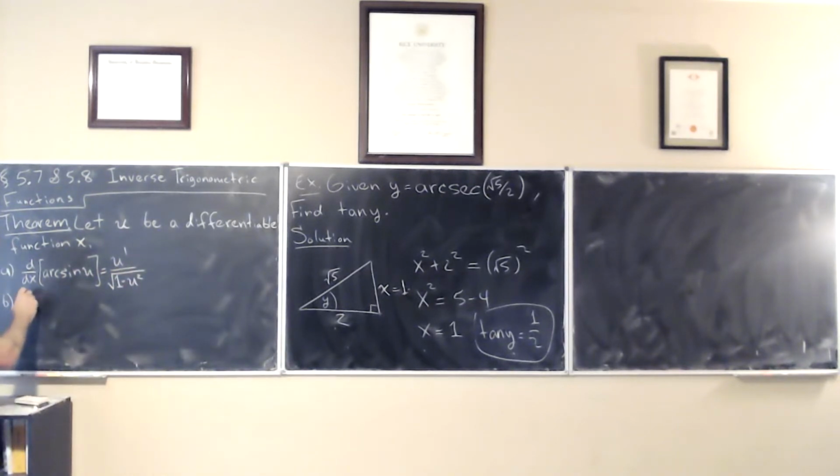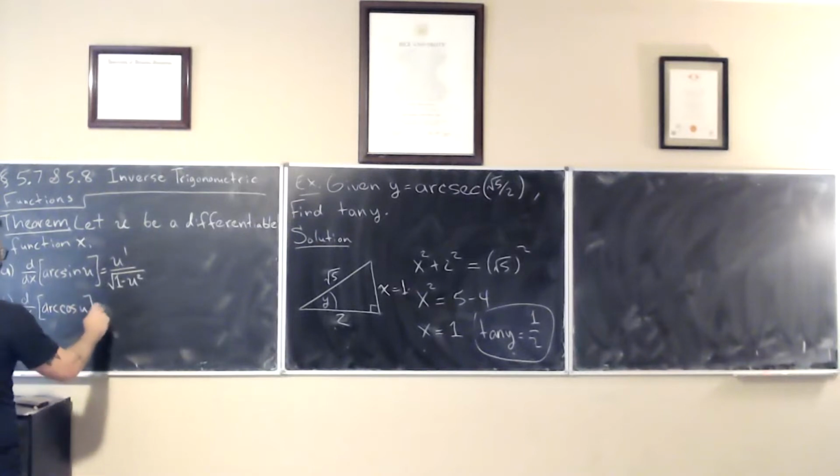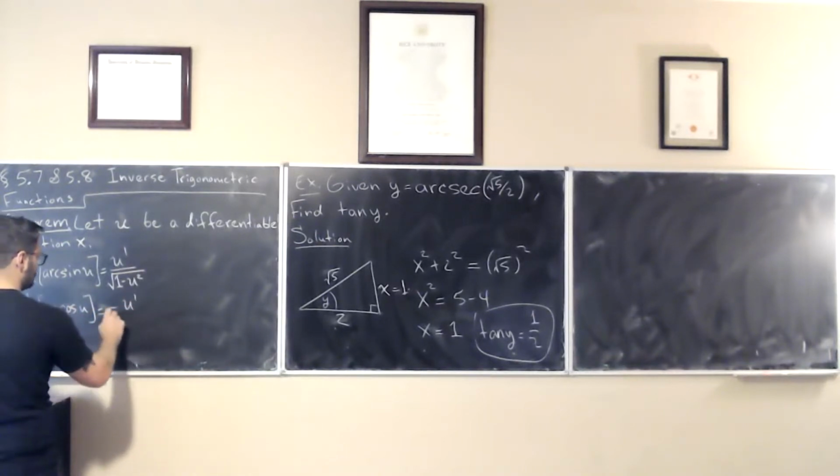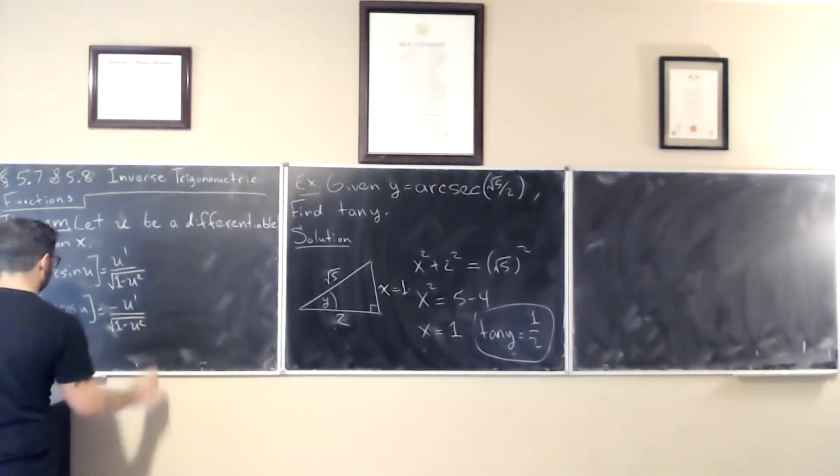Part B, arc cosine now. It's just the negative of this: negative u prime over root 1 minus u squared.